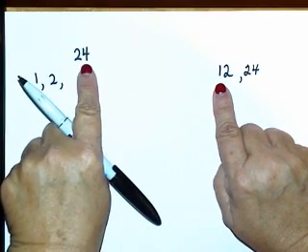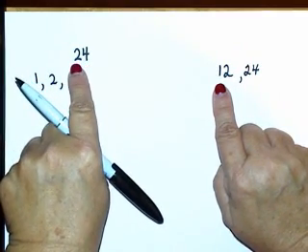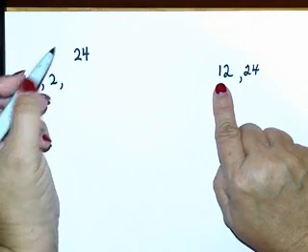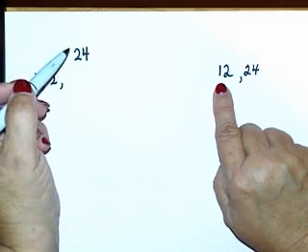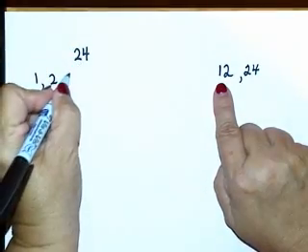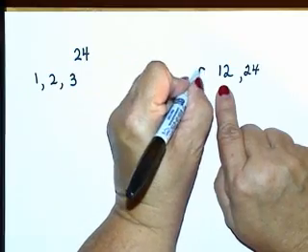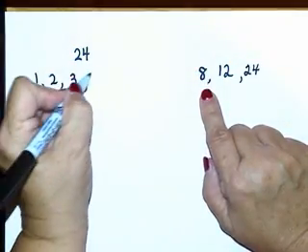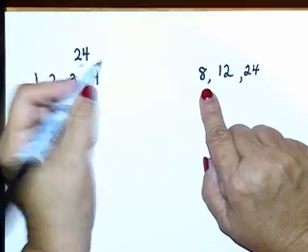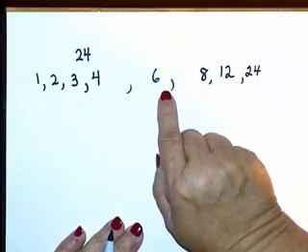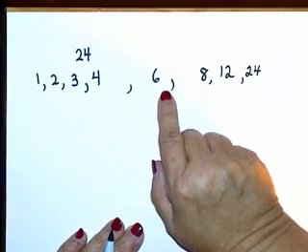3, sum of the digits. 4 plus 2 is 6. 6 divides by 3, so that 24 divides by 3. So 3 times 8 is 24. 4 times 6 is 24.